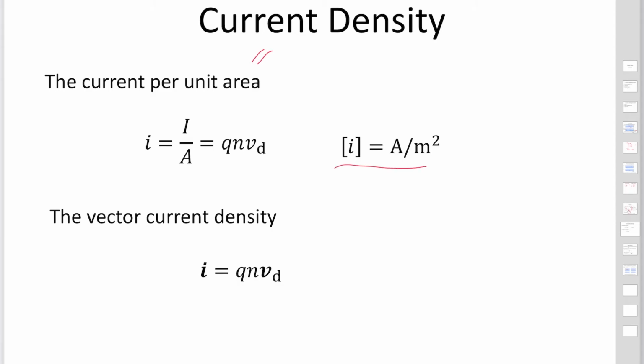The unit of the current density is ampere per square meter, because the area A has a unit of square meters. And the vector current density, we can define using the drift velocity v sub d.